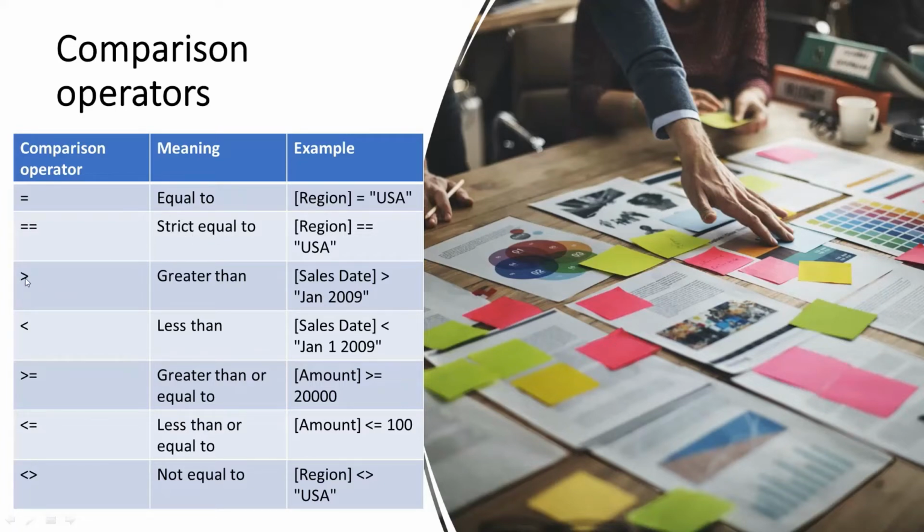Then we have greater than, less than, greater than equal to, less than equal to, and not equal to. All these are comparison operators which are used to compare different values to each other or compare different fields to each other.